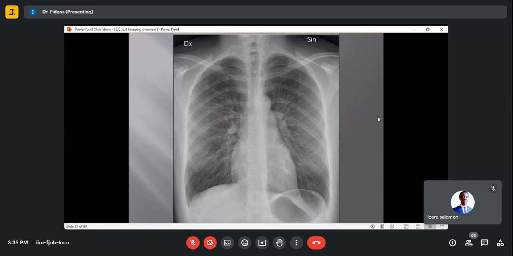About the deep inspiration, we found out that the posterior ribs fulfill the criteria, but the anterior ribs do not. Does it mean that it is not deep inspiration? I said the criteria, you count either the posterior ribs or the anterior ribs, on the right side. Do you agree with me?